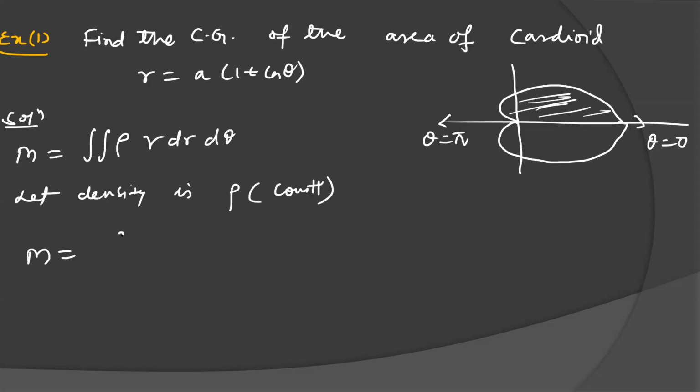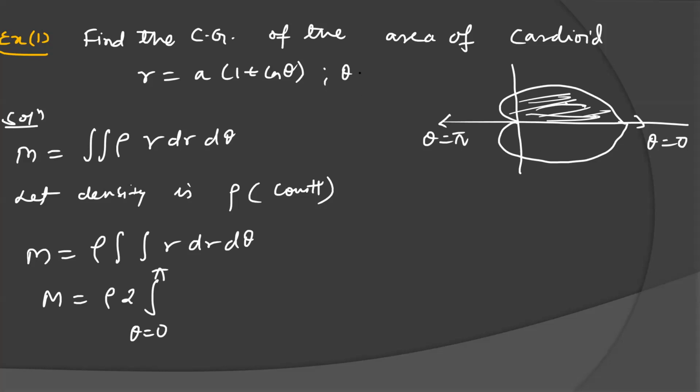So it will be rho, you can take outside, r dr d theta. Can you tell me the limit of theta? It is a symmetric curve, so we can take 2 times theta from 0 to pi, because you have the same region in the downward part. If you replace theta by minus theta, you will see the curve is symmetric about the OX line. This is your OX line. I have discussed this in curve tracing part 2.